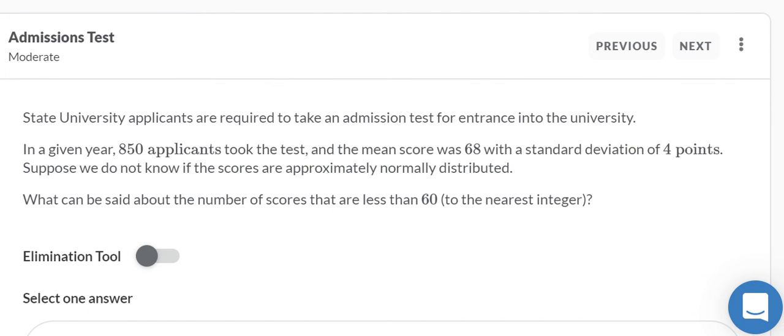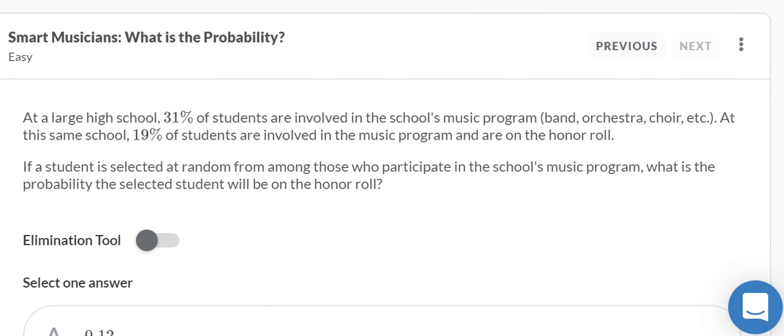Let's take a look at number 10. So this is a probability question. Although we don't know anything about normal distributions or discrete distributions, I am given other probabilities. It says 31% are involved in music. So let's go to our notes.